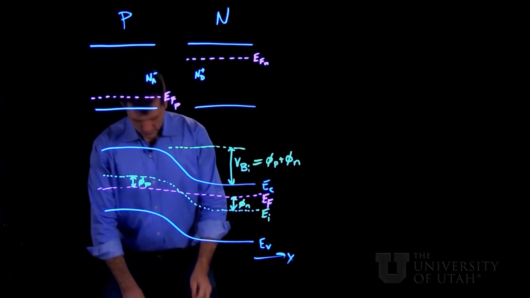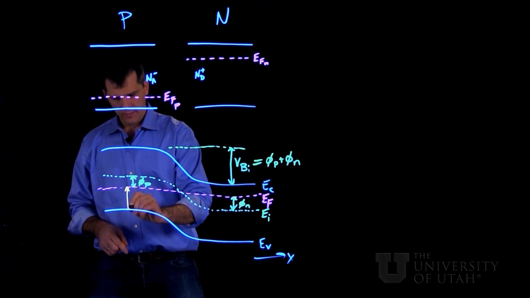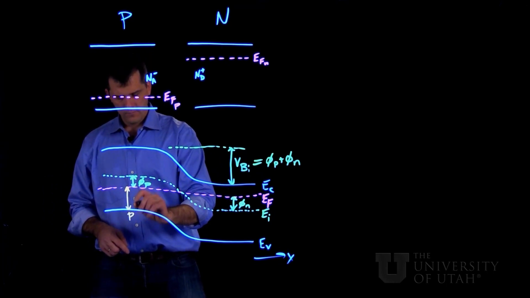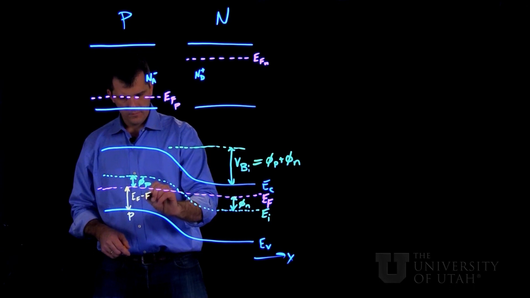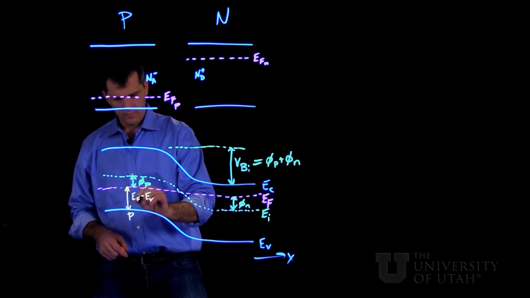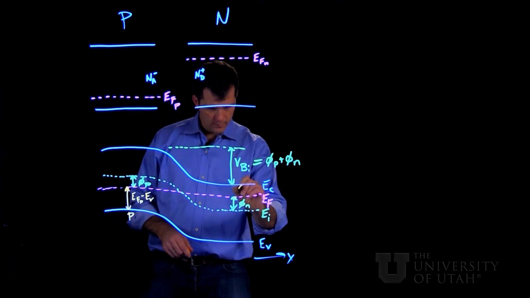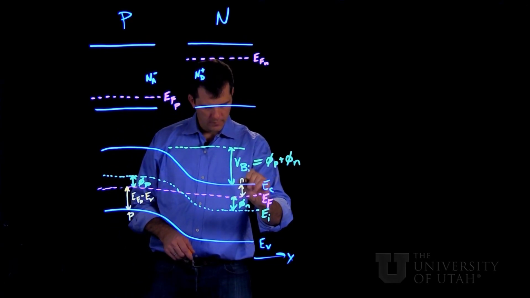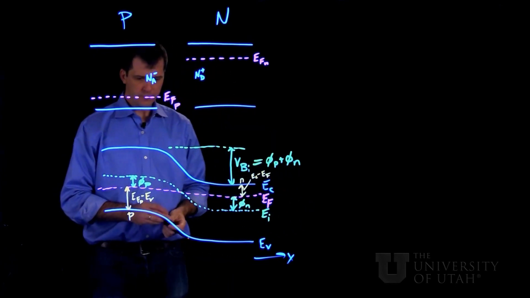Now, we're somewhat more used to expressions for carrier densities which use this difference here, this EF minus EV, or similarly on this side, I could calculate my n from EC minus EF here.